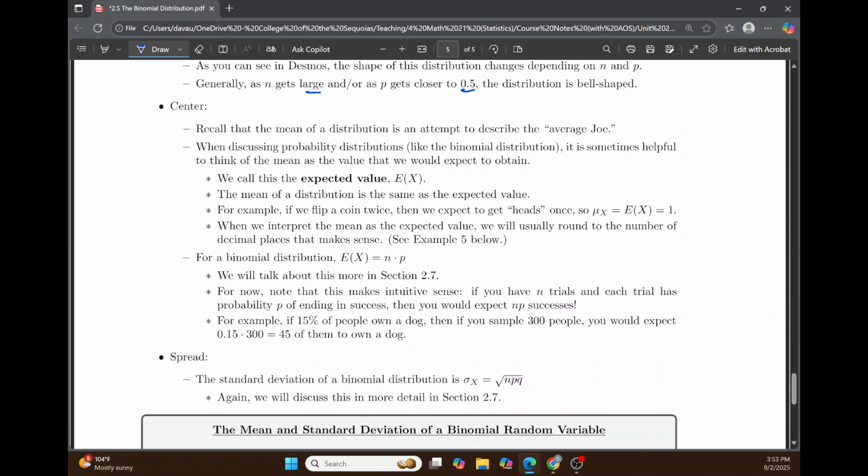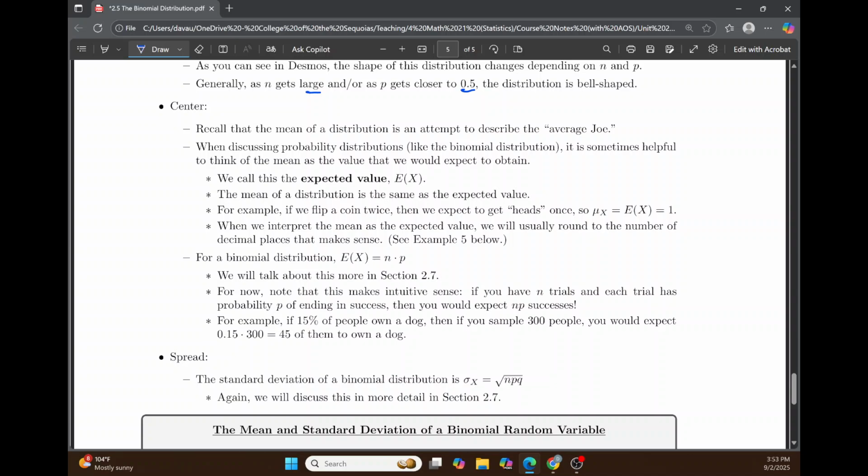What we would expect to happen. So we call this the expected value. Okay. So that's one of the first takeaways here: when we're dealing with probability distributions, the mean of a distribution is the same as the expected value of the distribution. They mean exactly the same thing.